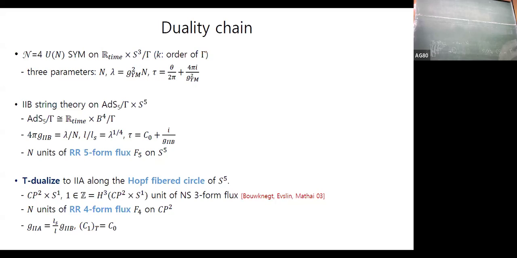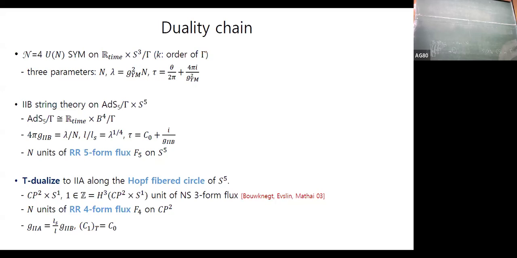You should also note that there are N units of RR five-form flux on S5. Then you T-dualize to type IIA along the whole Hopf fiber circle of S5. This gives the trivial bundle, CP2 times S1. Also, you introduce some NS three-form flux on top of that, because you have a nontrivial bundle and the Chern class will be transformed to the NS three-form flux here.